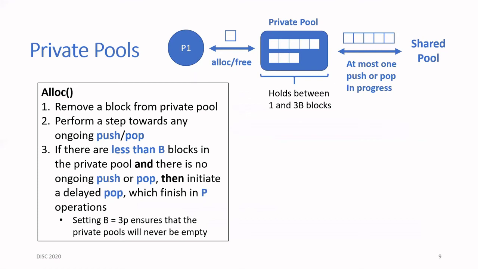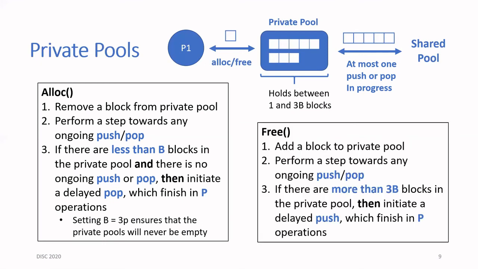During this time, there can be P calls to alloc from the user and 2P calls to alloc from the shared pool. So we need to set the batch size B to be at least 3P to avoid running out of memory blocks. A free operation adds a block to the process's private pool and performs a step towards any ongoing push or pop, just like before.